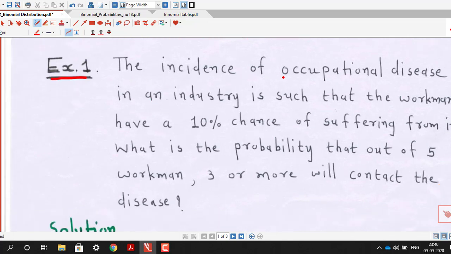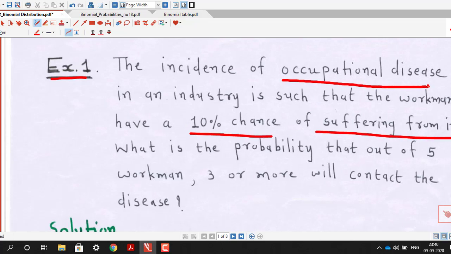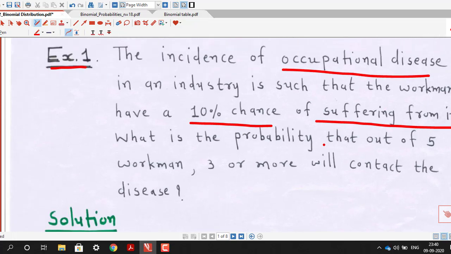The incidence of occupational disease in an industry is such that the workmen have a 10% chance of suffering from that occupational disease. What is the probability that out of 5 workmen, 3 or more will contract the disease? So here we have one problem of industry.